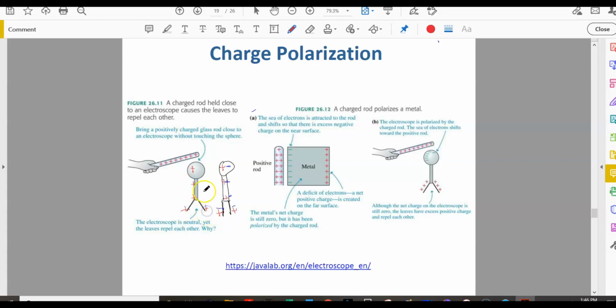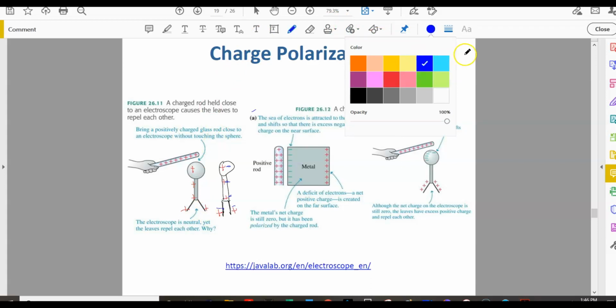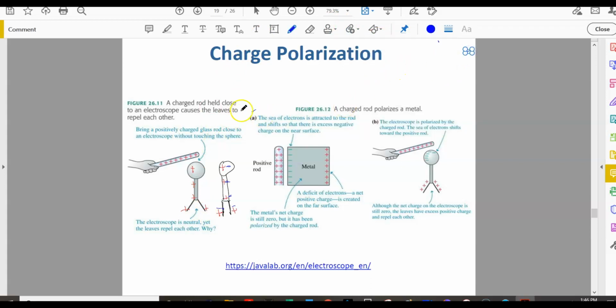So they're going to stay where they are, but all these little electrons are going to now try to get up and close to this object, right? So they're all 1, 2, 3, 4, 5. 5 of these guys are going to now gather as close to this object as they can.